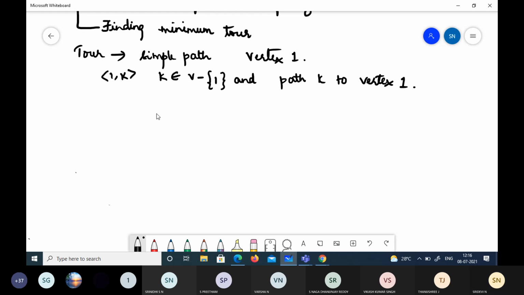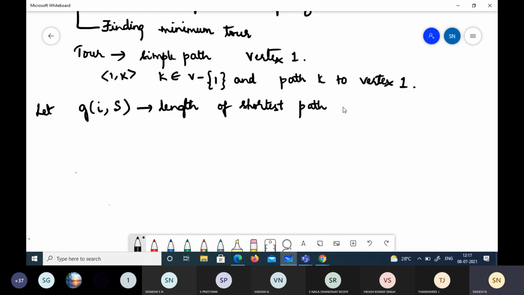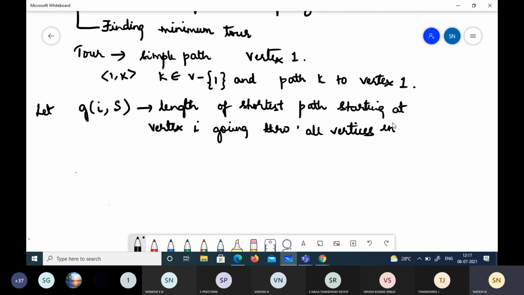Okay. And every time we will get g of i comma S, which is, let's consider, g of i comma S as the length of the shortest path starting at a particular vertex i, any vertex, going through all vertices in S. So this is the formula we will use.